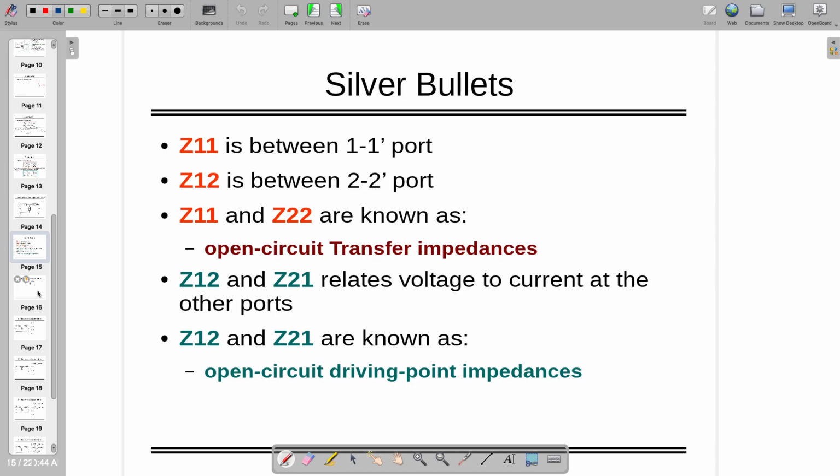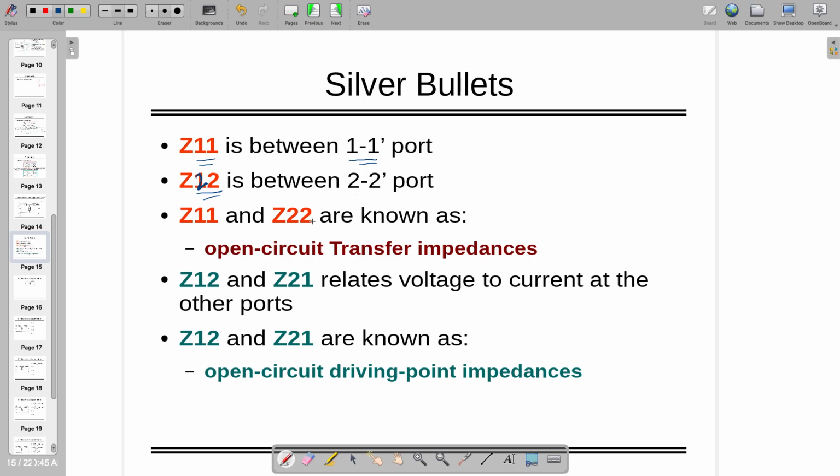One more thing, Z11, look at these numbers. 11 is between the 1 and 1 prime port. 1 prime might be ground or might not be ground. 12 has to be between 1 and 2. 22 is between the 2 and 2 prime port. To find out both Z11 and Z22, you have to make sure that one of the voltage sources is not available and the other current is 0.